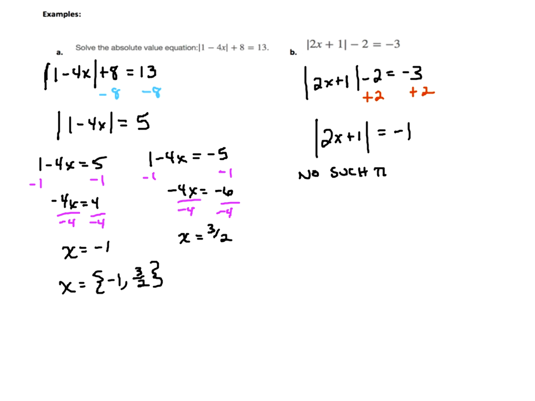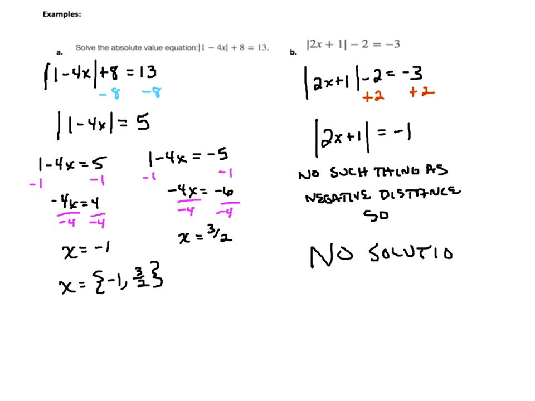There is no such thing as negative distance. So there are no solutions to this equation. Or you can write the symbol for no solution, either or.